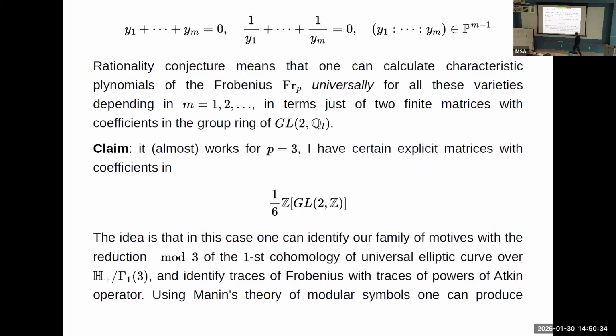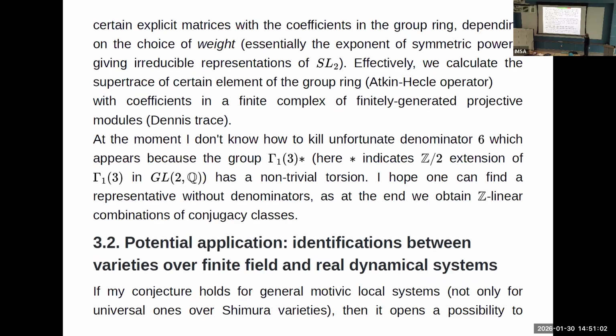In fact, the whole thing happened to coincide with the first homology of the universal elliptic curve over the modular curve with this kind of level structure, Gamma 1, 3. It's called a congruence subgroup. And traces of powers of Frobenius are the same as traces of powers of what's called the Hecke operator, acting on modular forms of various weights. So this is the minus zero modular symbols.